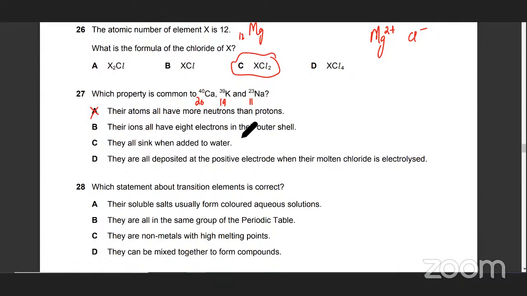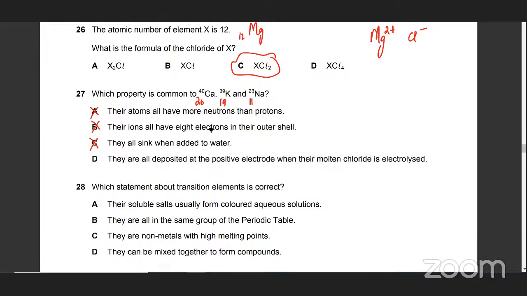Their ions all have 8 electrons in the outer shell, which is not correct. Okay, potassium is 2,8,8,1. Sodium is 2,8,1. Calcium is 2,8,8,2. So that's wrong. अच्छा, they all sink when added to water. इनमें से कौन से sink नहीं करेंगे? कौन से metals होते हैं?